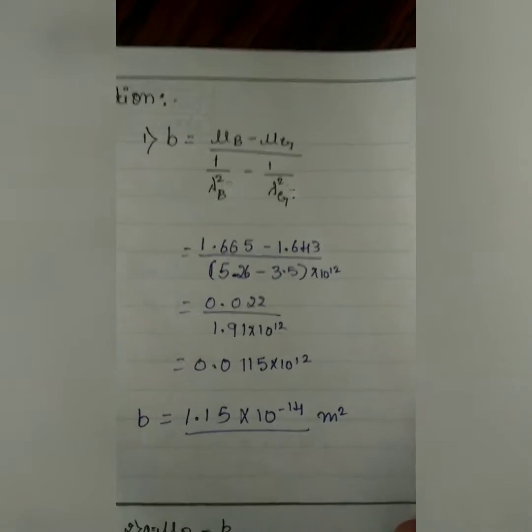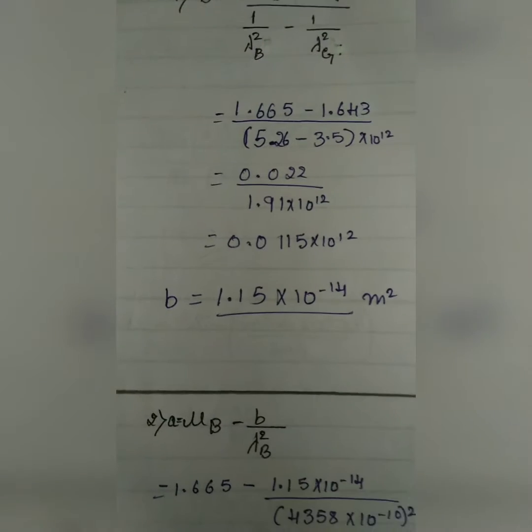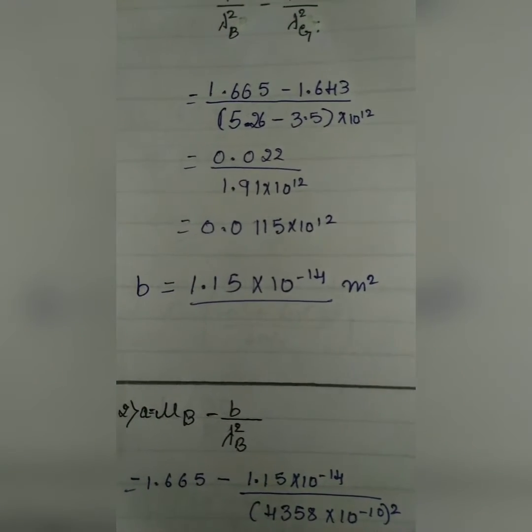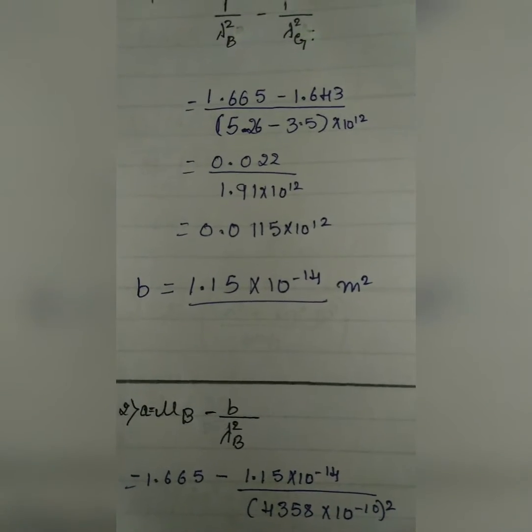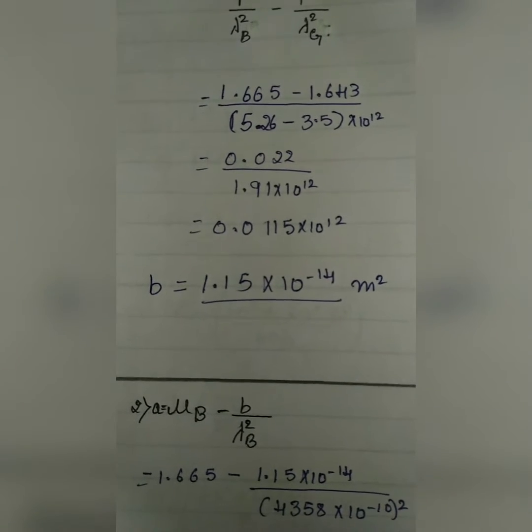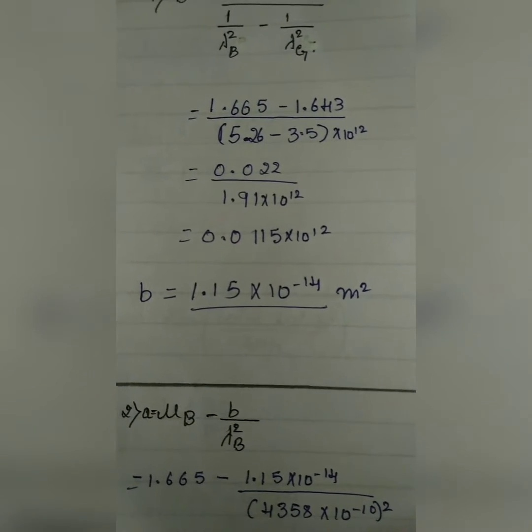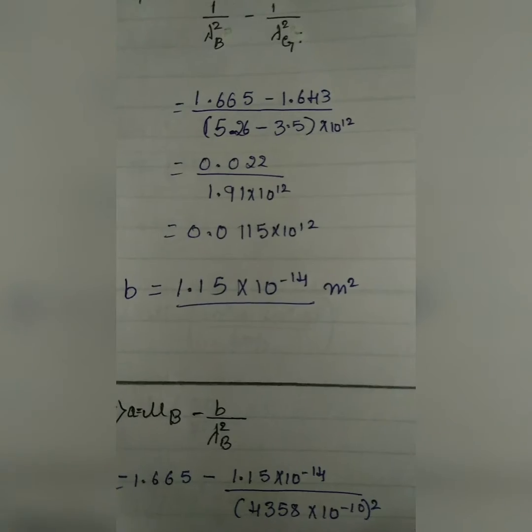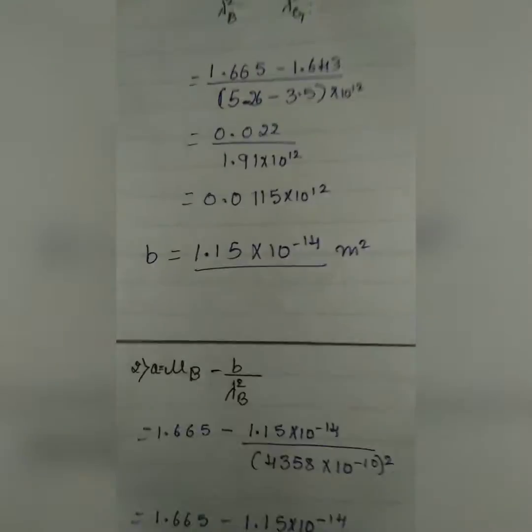Substitute their values. After simplification we get the B value, it is 1.15 into 10 to the minus 14. It is in the range of 1.0 to 1.3. We have to get that value.